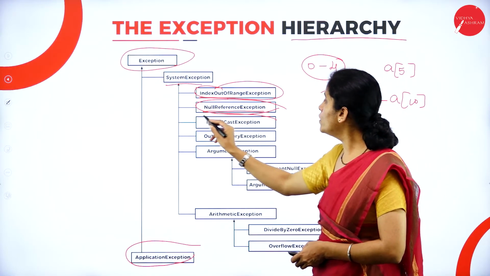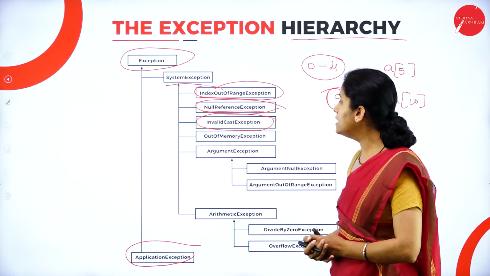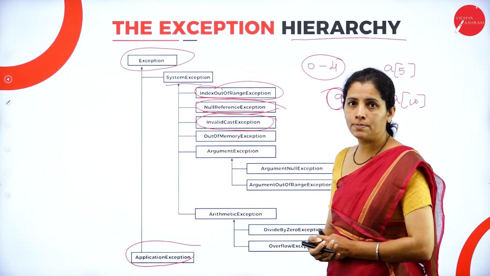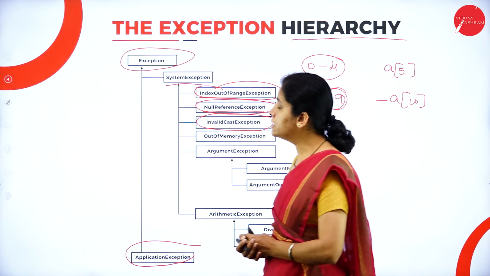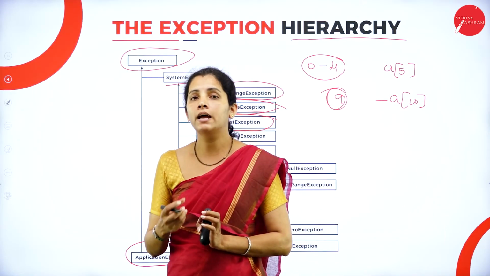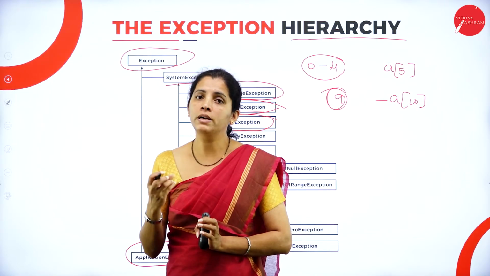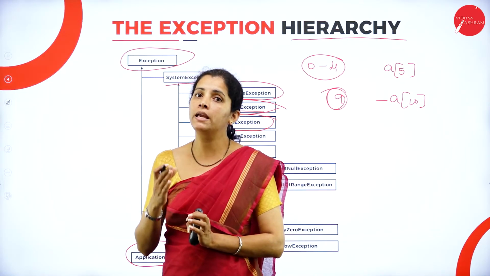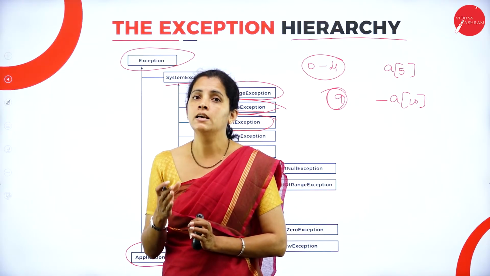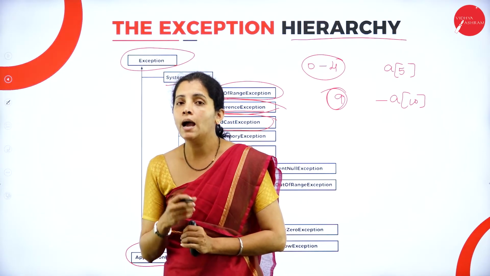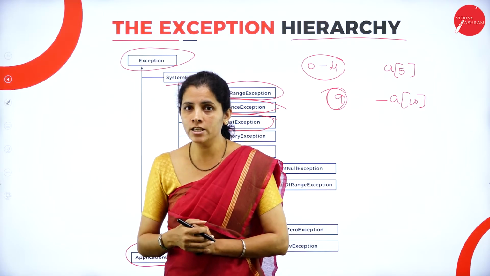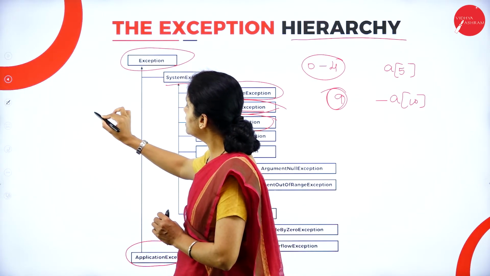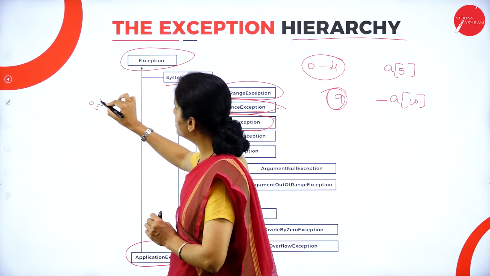After that, I'm going to have the invalid cast exception. So dear student, there are certain times I'm trying to perform typecasting, and if I try some invalid typecasting, what's going to happen? I'm just getting the error message. For example, think that I have an int.